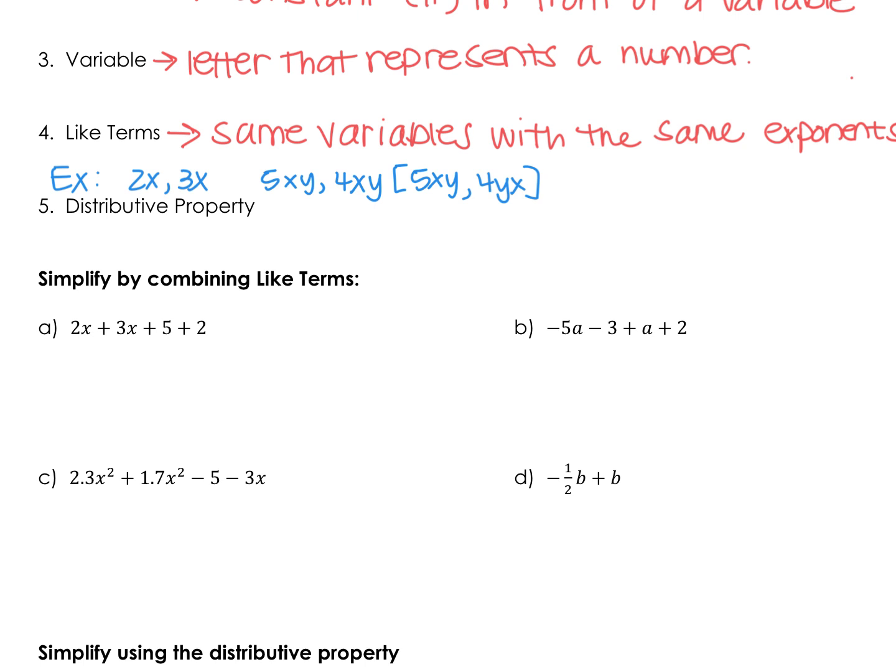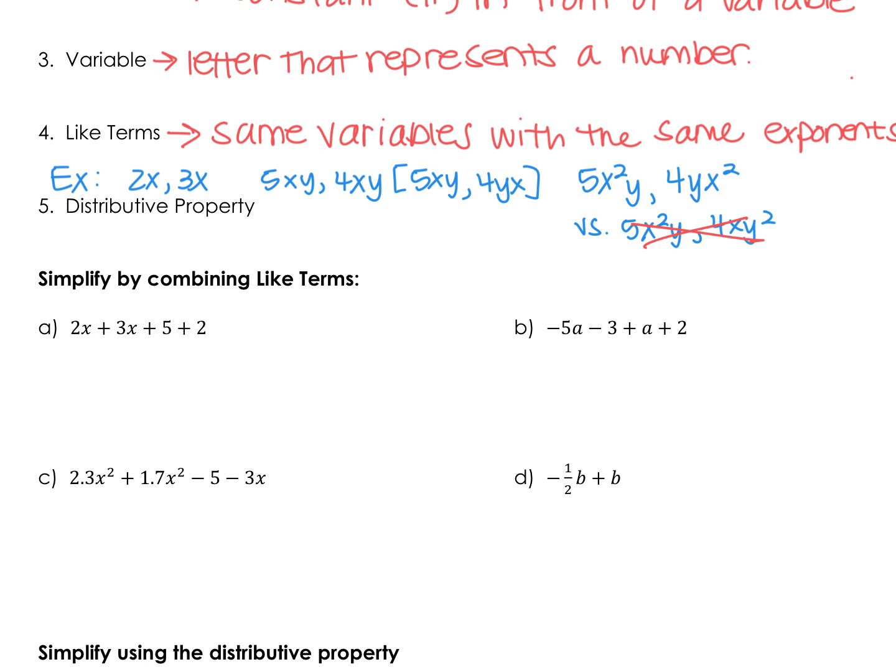So if I had 5x squared y and 4yx squared, those are like terms, right? Because the square is still with the x, versus 5x squared y and 4xy squared, not like terms. Because the exponents have to match, the variables have to match, and then those variables' exponents have to match.